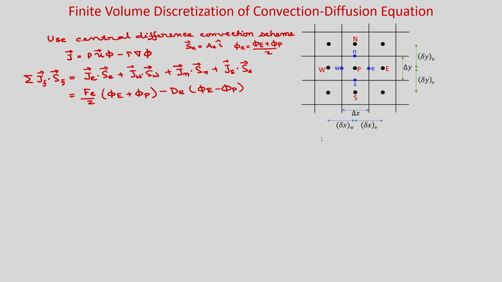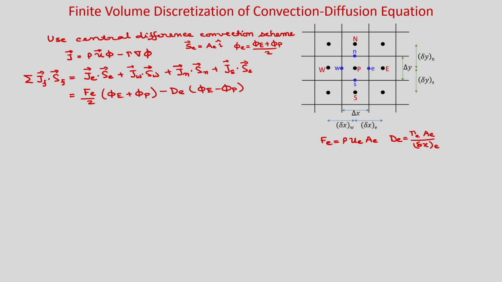What is F_e? F_e we have written as rho u_e A_e, okay, and D_e is your gamma_e A_e by delta x_e, okay, and A_e is your delta y, okay, in this two dimensional case.